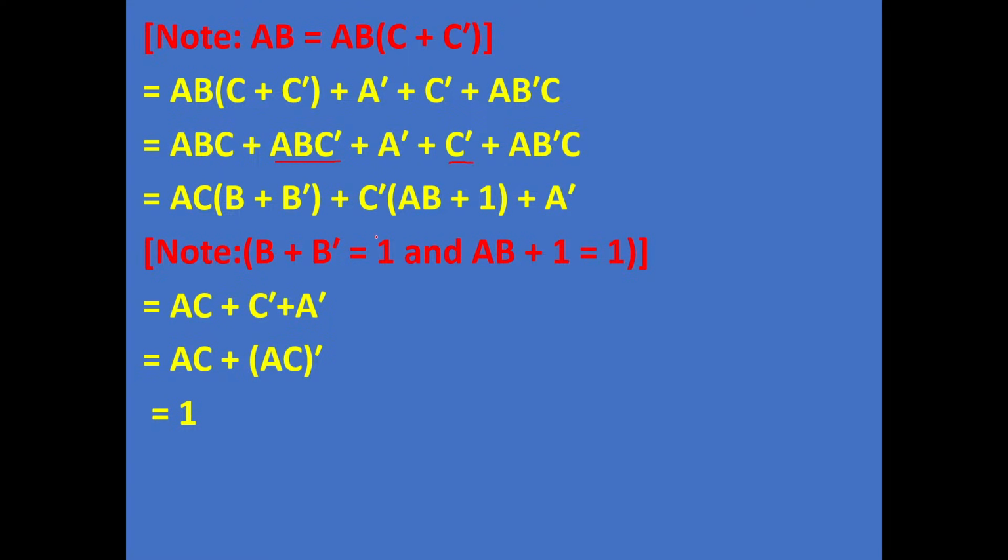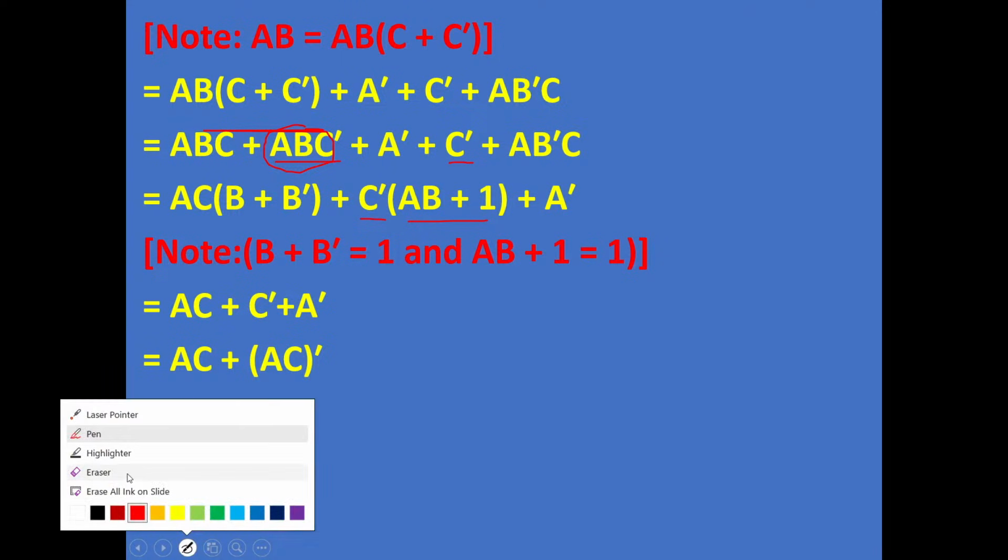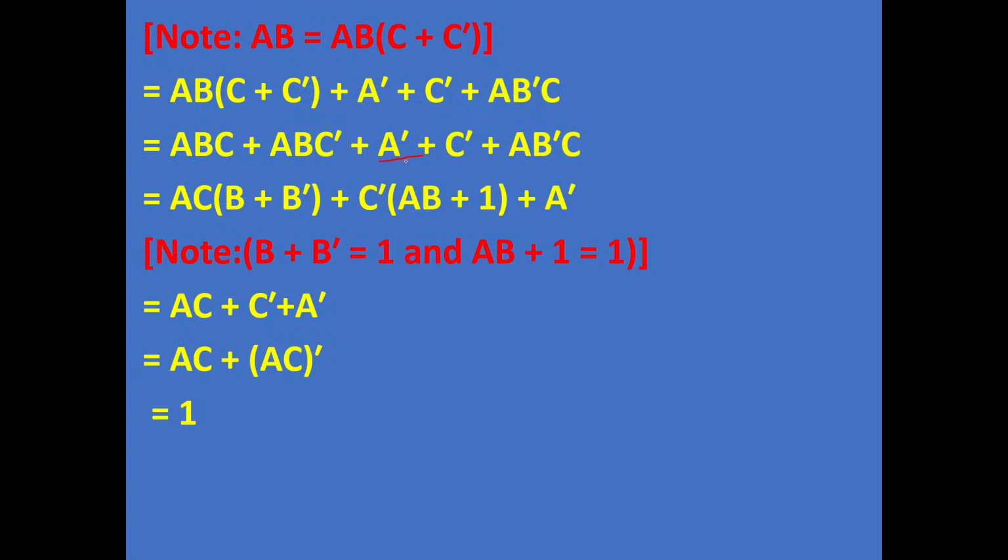In this, I have taken C bar common. So what is left over? Here AB and here 1, AB plus 1. And here A bar is left over, so A bar as it is I have written here.